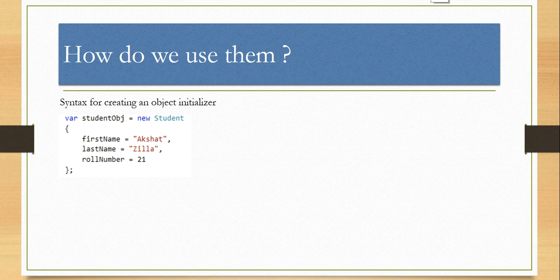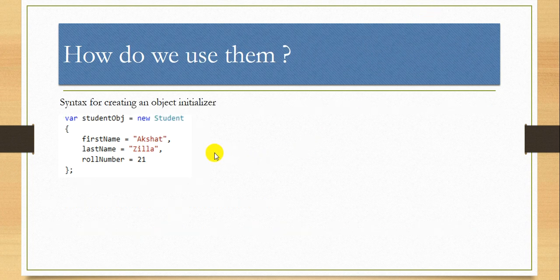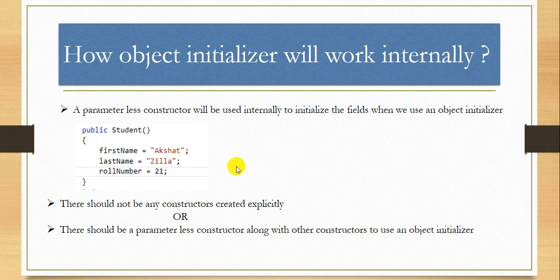Now I will explain how the object initializer will work internally. Whatever values you assign in the object initializer, the compiler will internally create a default constructor and initialize these fields inside that constructor.